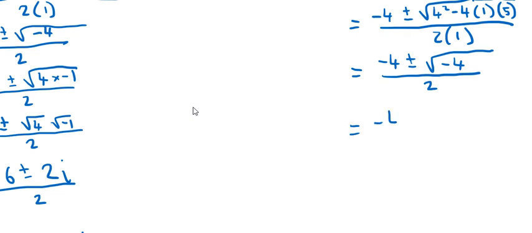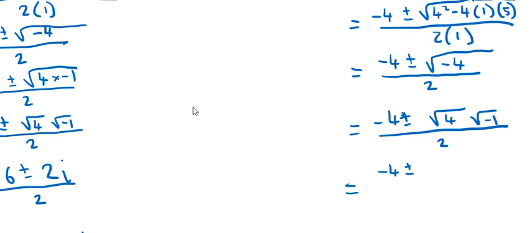Again, minus 4 plus or minus square root of 4 multiplied by square root of minus 1, all over 2. So that's minus 4 plus or minus, the square root of 4 is just 2, and the square root of minus 1 I can call i, over 2, and then I can divide 2 into both of those. So I'm going to get minus 2 plus or minus i.